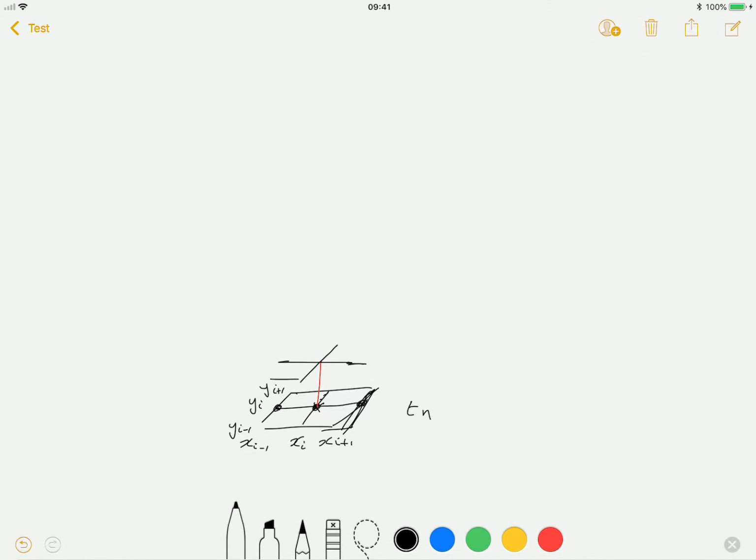So I'm just going to complete drawing this picture. Okay, and we calculate spatial values along this direction. This is Tn plus a half. And then we move again to, let's make it a bit bigger, finally, we get to Tn plus 1.